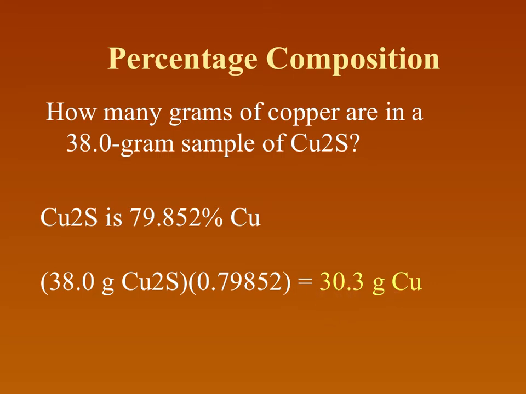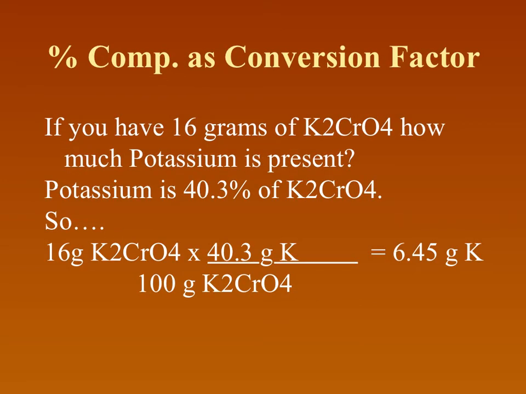This is probably the most useful way percent composition can be done. For whatever reason, some people just like this method better, where you can always assume that the percent is just out of a 100-gram sample of your total. And so if we know, and this is potassium chromate, if we have 16 grams of potassium chromate, how much potassium is present?